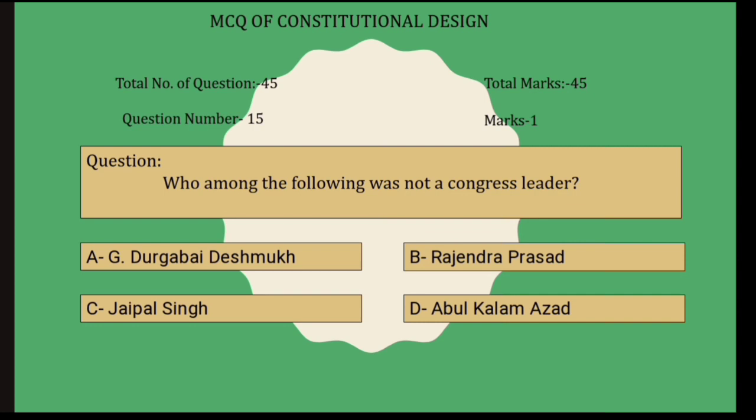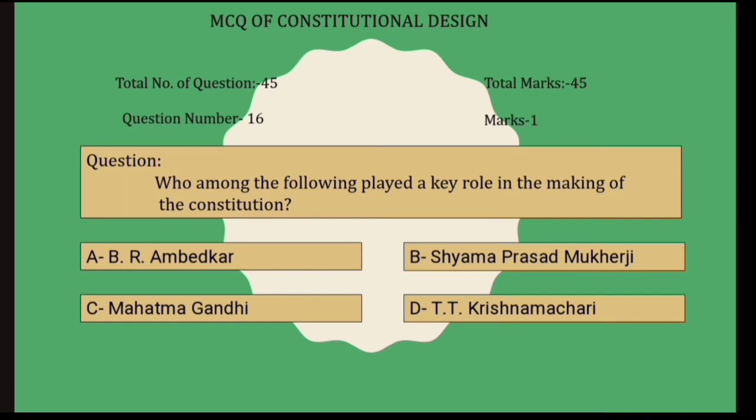Question 15. Who among the following was not a Congress leader? Option A. G. Durgabai Deshmukh, B. Rajendra Prasad, C. Jaipal Singh, D. Abul Kalam Azad. Correct option is C. Jaipal Singh. Question 16.